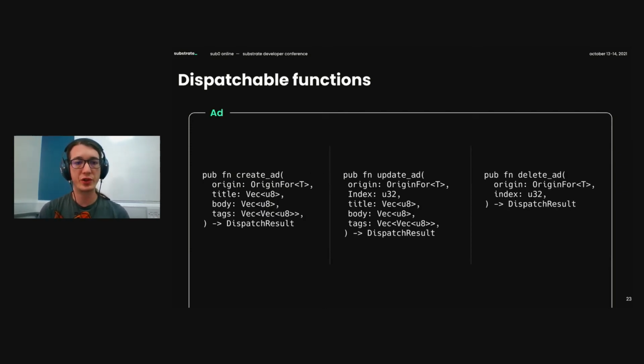I want to describe the overview so you know how the front end will interact with the back end. These dispatchable functions are callable from transactions. Essentially, a transaction always maps to a dispatchable function.